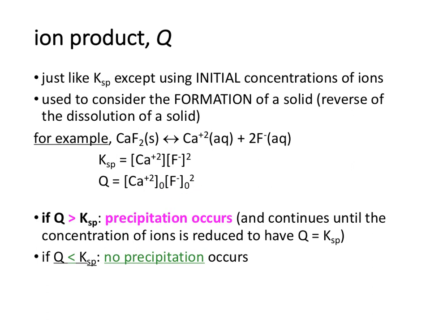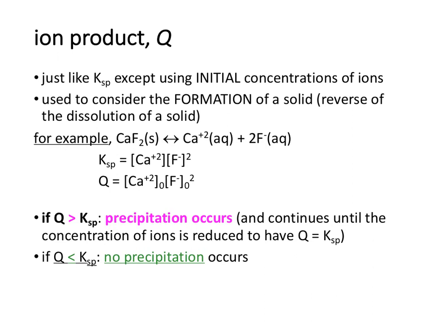The only difference is the naught values, which indicate that the concentrations being plugged in are our initial ones. We plug in those initial values, and we can then compare our Q to our Ksp after we do the calculation. If Q is greater than Ksp, then precipitation is going to occur. What's going to happen there is that the ions that are present will come together and form a solid.